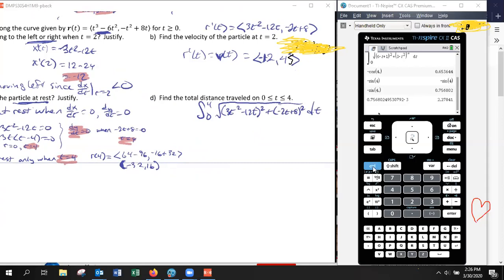I'm going to do this in the calculator because I feel like I've earned the right to be lazy, although I'm not sure if this one can be easily done or not.